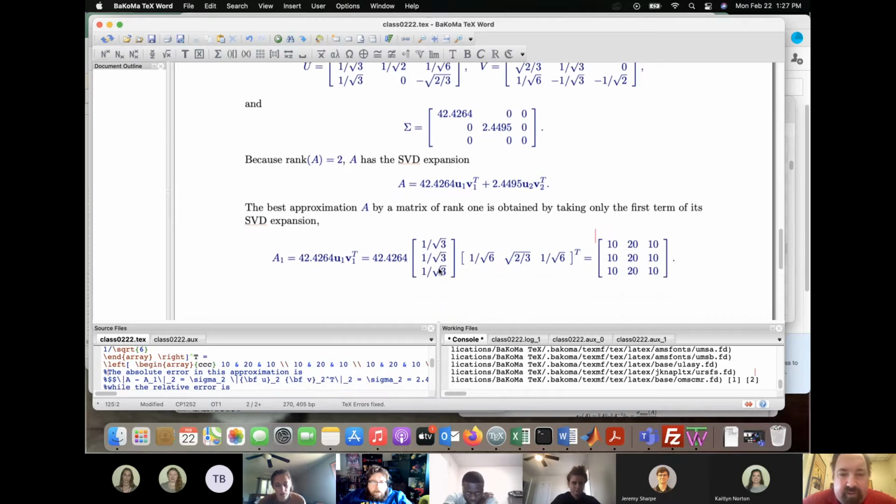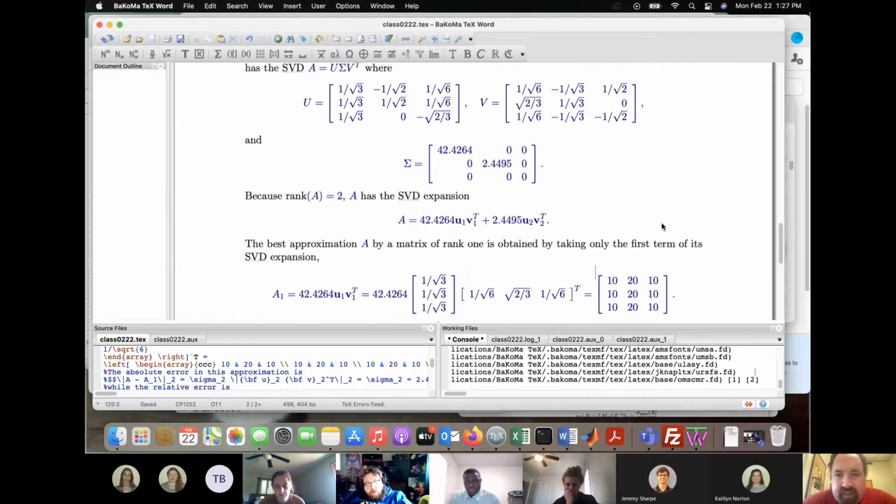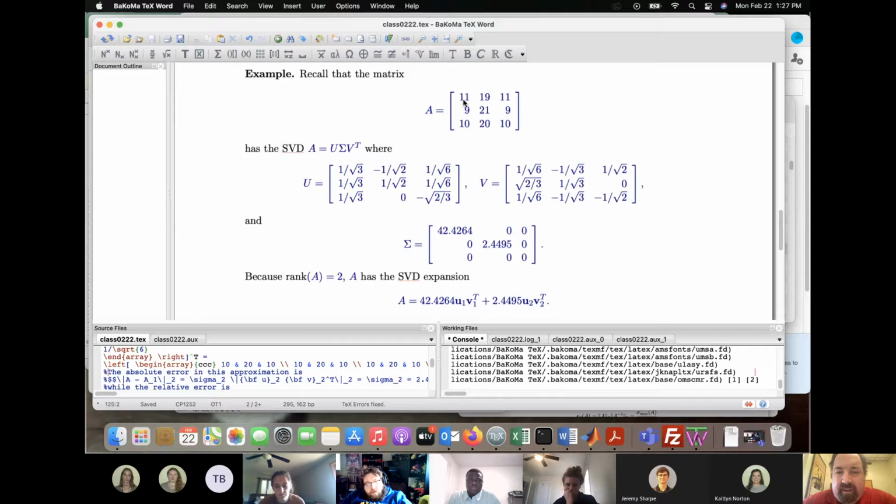So this singular value times U1 V1 transpose, this is U1, first column of U, and this is the first column of V transposed. You work all this out, simplify what you can, and this is the matrix that you get. It's rank 1 because all of the rows are equal. Compare this to the original matrix, 10, 20, 10: you see it's not very far off.